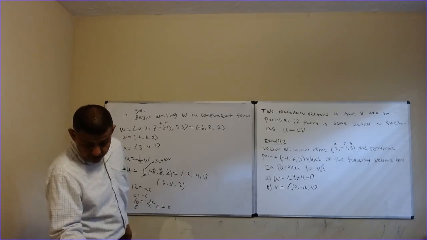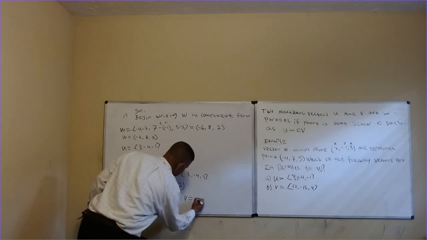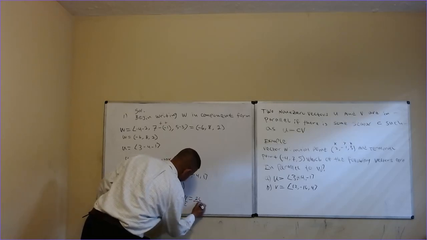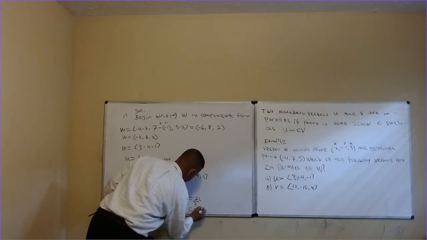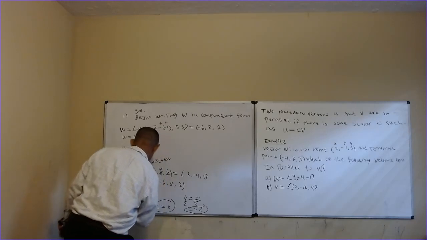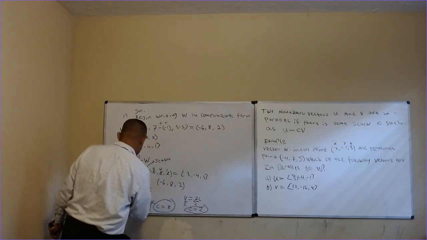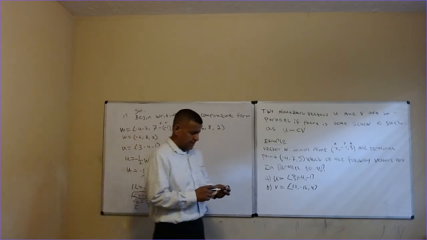So 4 is equal to 2C, and then 2, right? So 2 and then z is equal to 2, right? So that's how you can also prove that it is indeed in parallel.